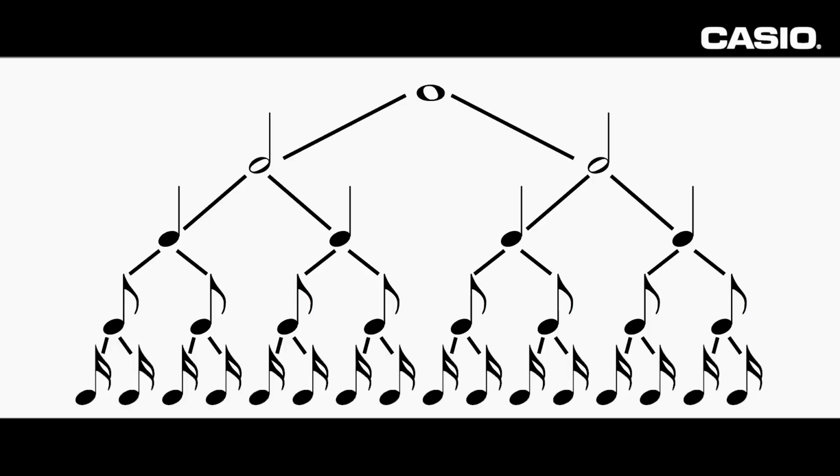You can use either terminology, whole, half, quarter, eighth, or semi-breve, minim, crotchet, quaver, semi-quavers, whatever it is. Now this is a very famous diagram, which shows how the notes have been divided equally in music terminology.